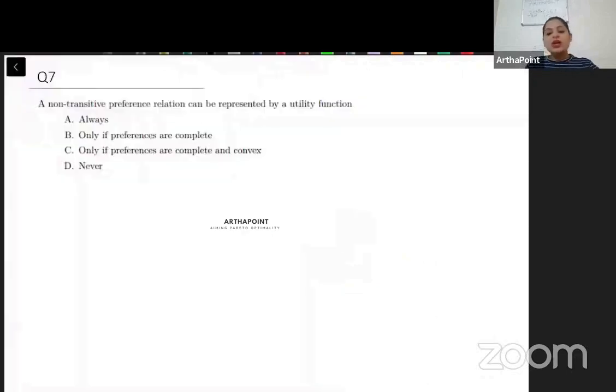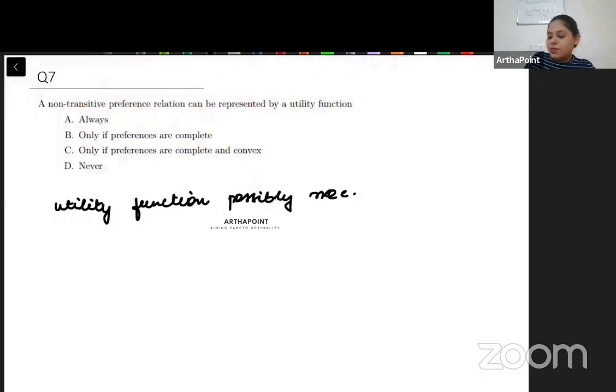This says, a non-transitive preference relation can be represented by a utility function. Now, we know that there are conditions that a utility function possibly needs, among many, right?